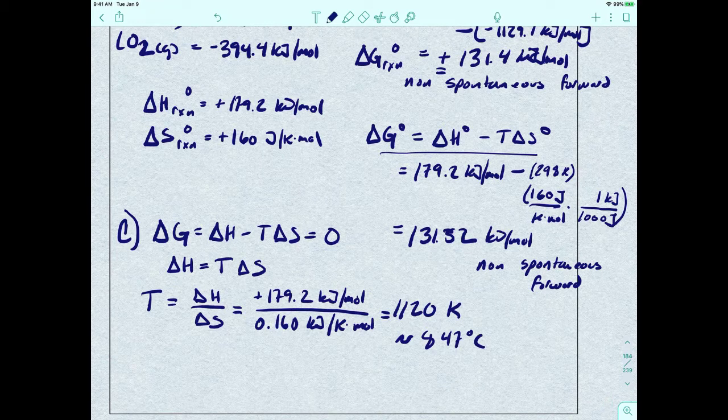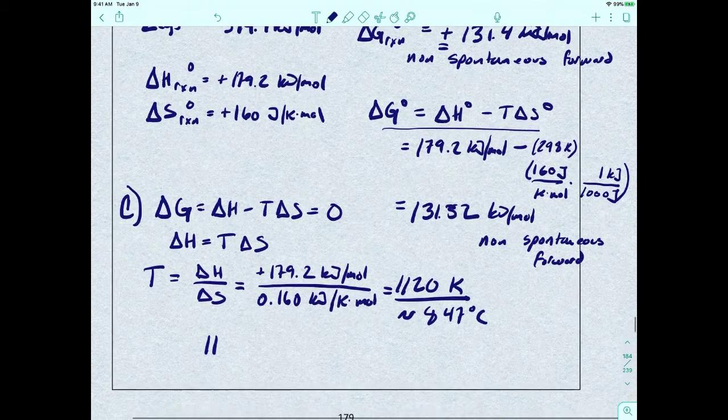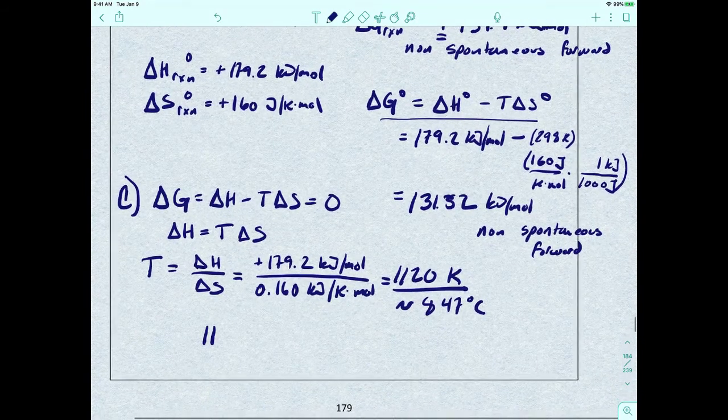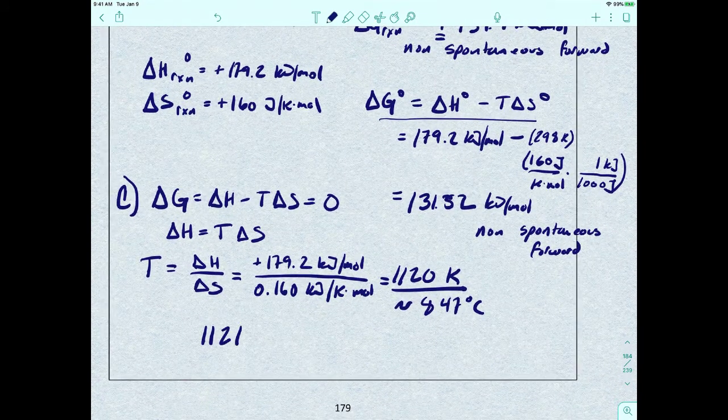So if 1120 Kelvin is the temperature where we're at equilibrium, then at 1121 Kelvin, that's when this reaction becomes spontaneous. Okay, so we just figured out at what temperature that changeover occurs.